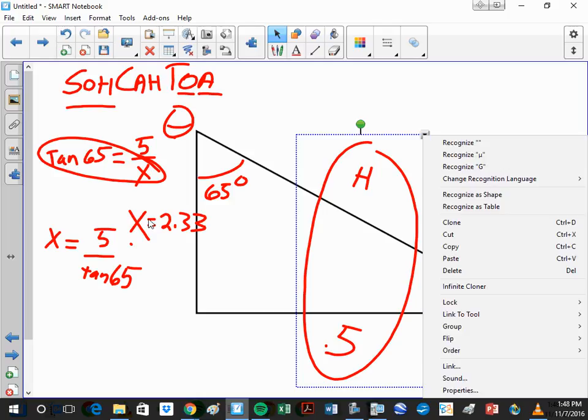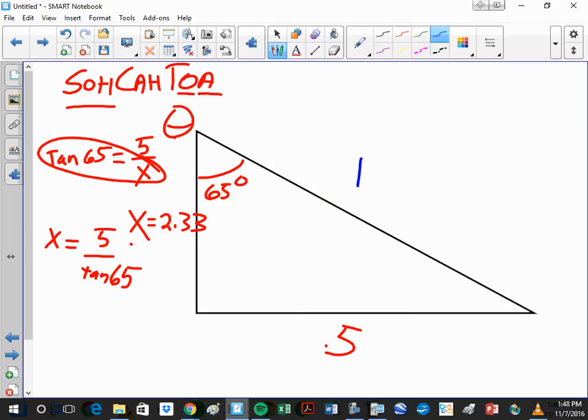Now if I want to find the other side, if I want to find h, I have two options. Pay attention, man. I could either use the sine or the cosine. One is a little bit easier than the other. If I use the sine of 65, it would equal what fraction?